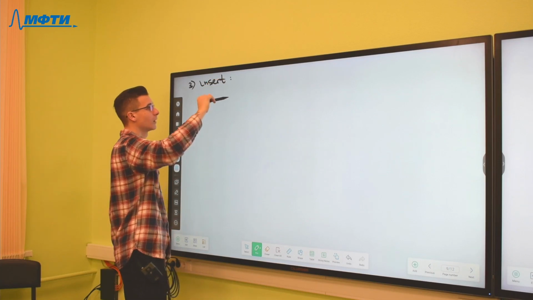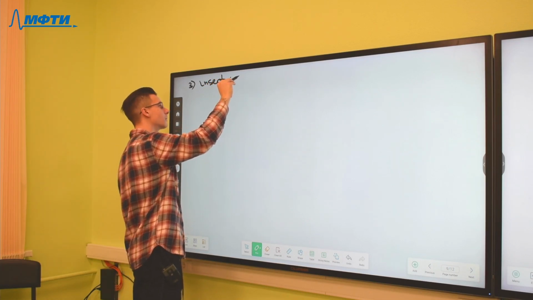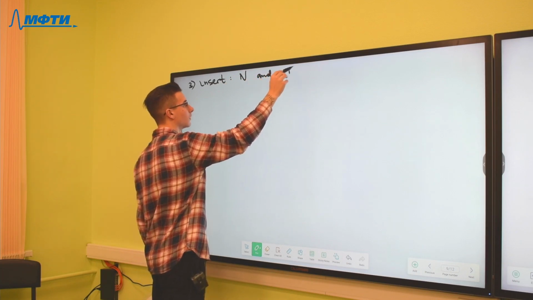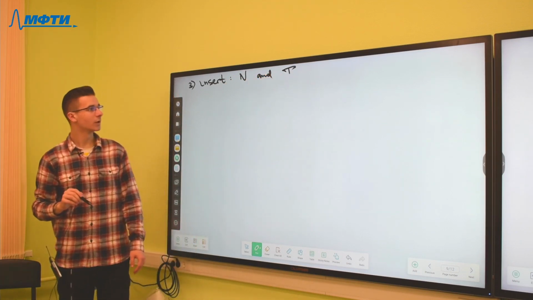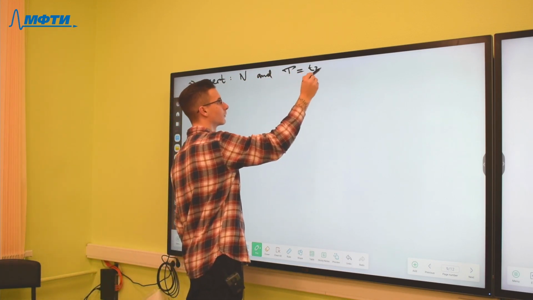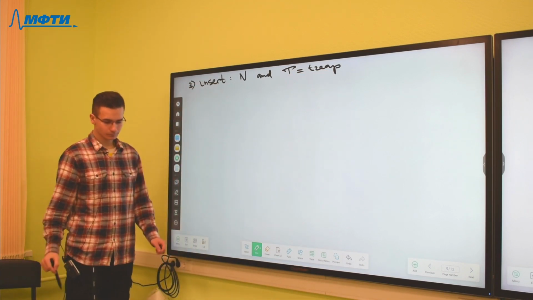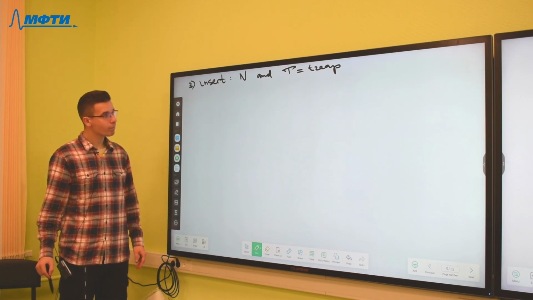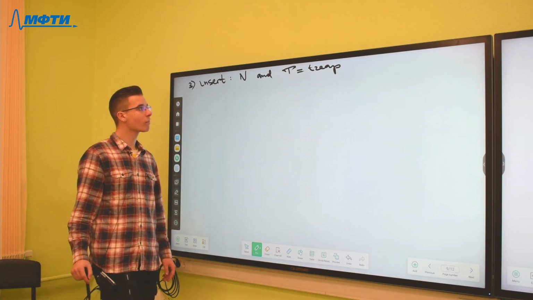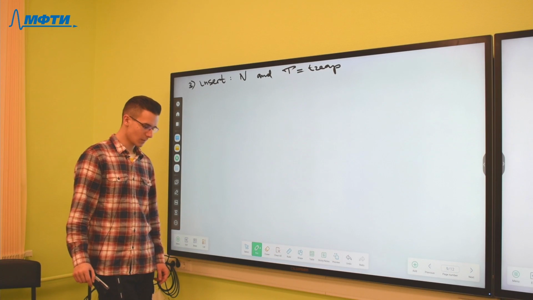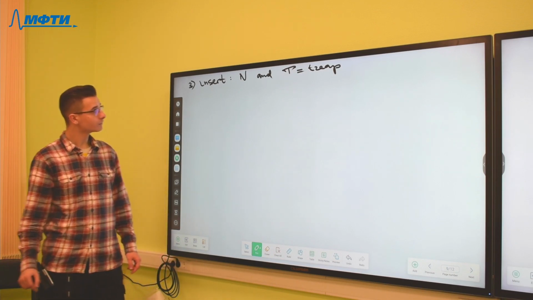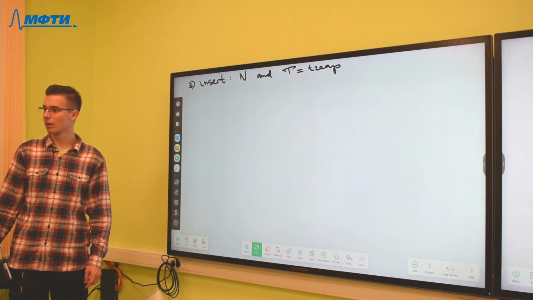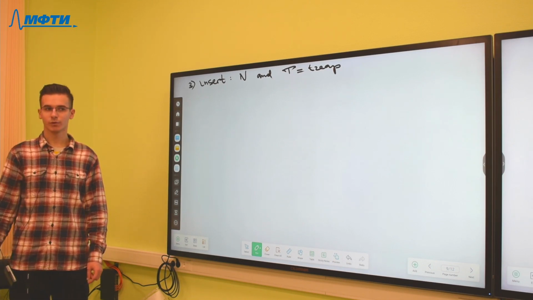For example, we have a new number, n, and t as a treap. So firstly, what can we make? We can split this treap into subtrees.